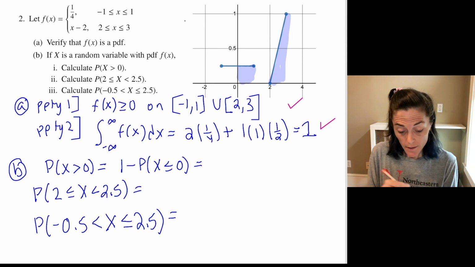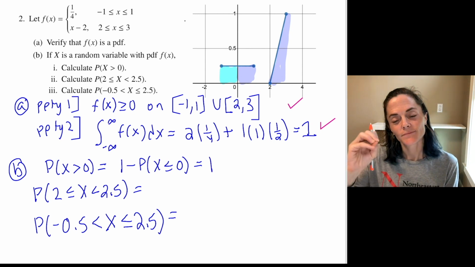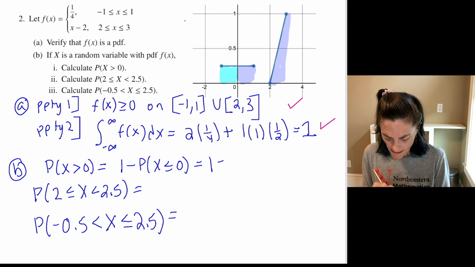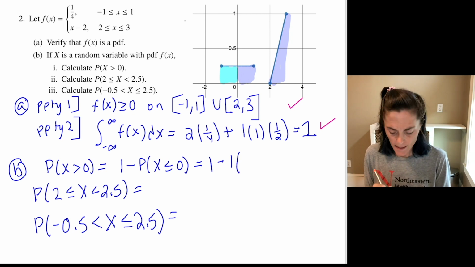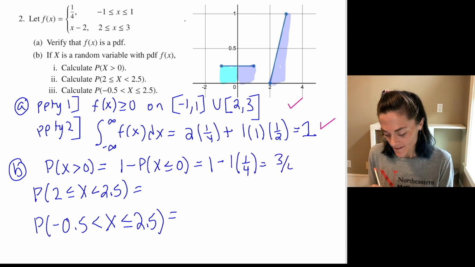And this part, well, now I can shade in another color, is here. So if we want the area of the turquoise box, well, the base is 1 and the height is 1/4. And so I get 1 minus 1/4, which is 3/4.